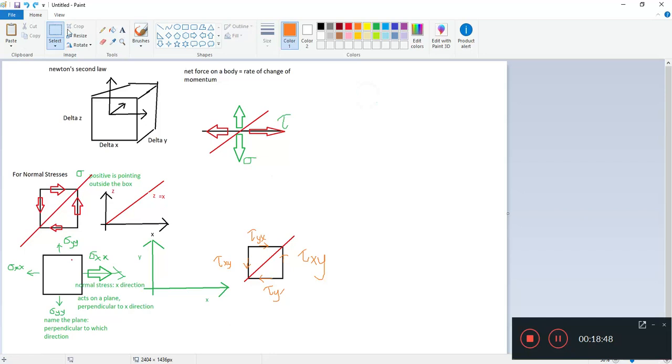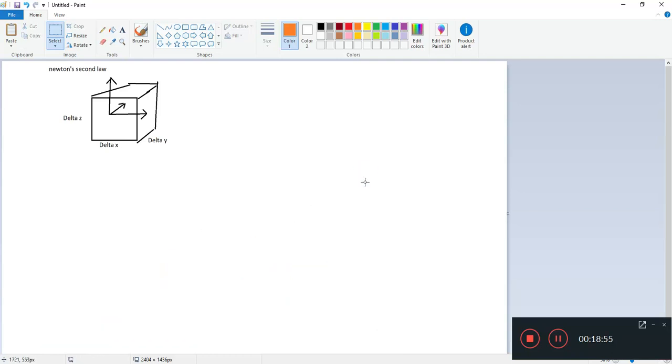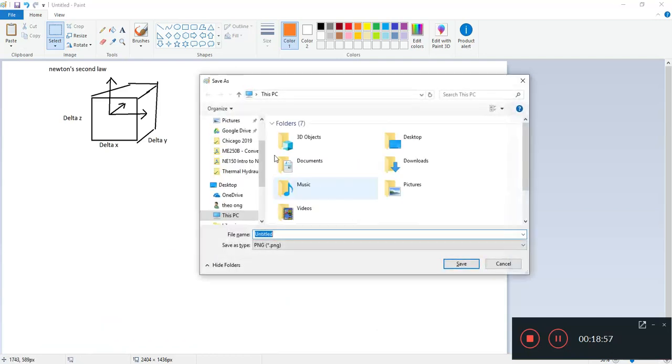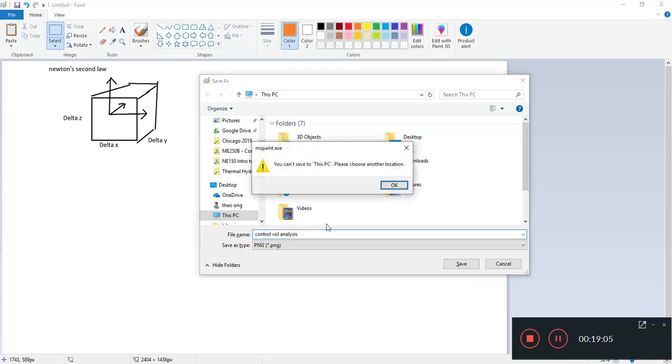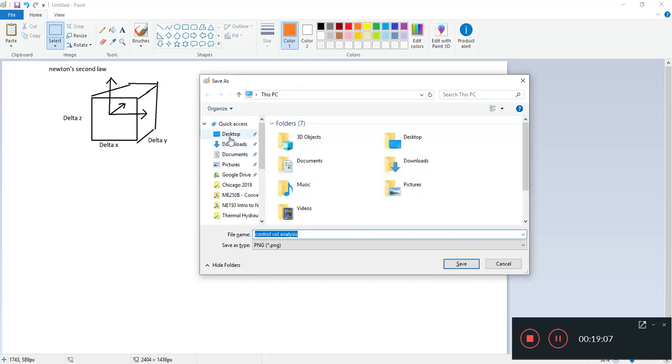I like the box. The box is important. Okay, so I'm just going to save this as control volume analysis. Oh, I can't save it here. I'll put it on the desktop then.